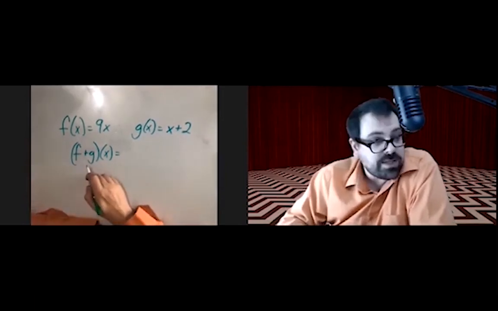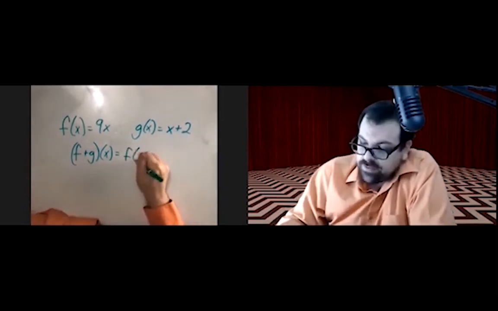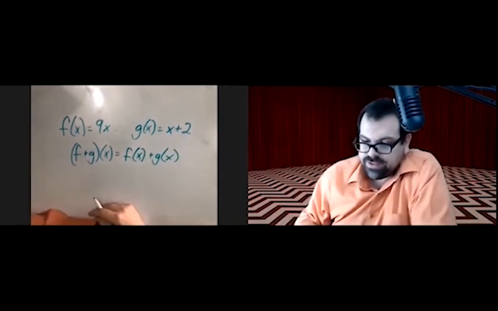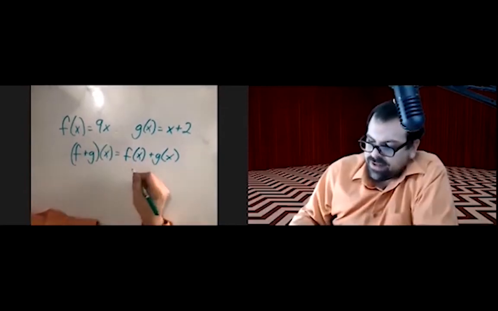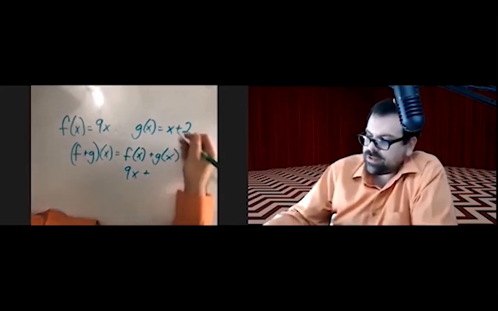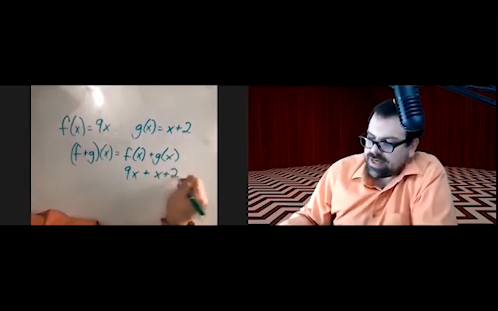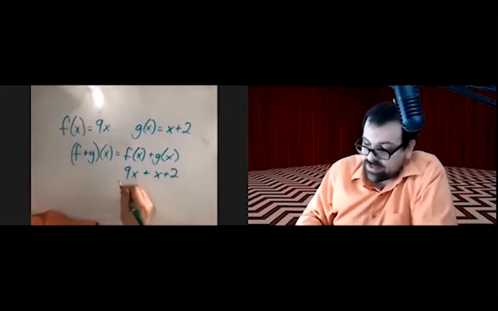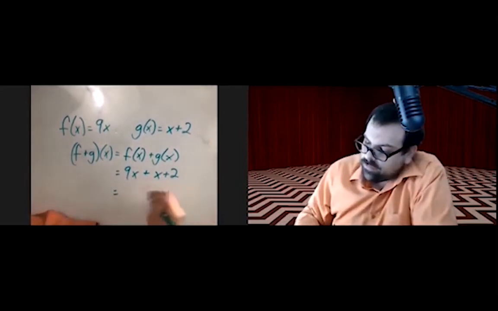Well, we know that f plus g of x means f of x plus g of x. F of x is 9x plus g of x is x plus 2. So f plus g of x would be 10x plus 2.